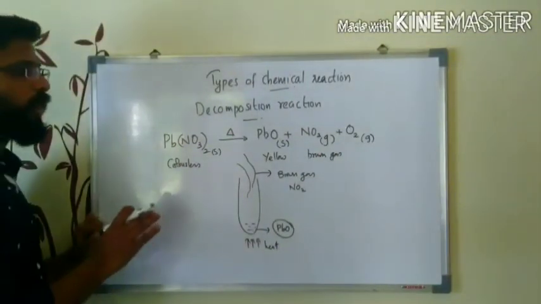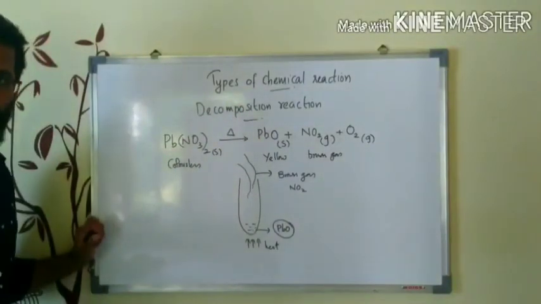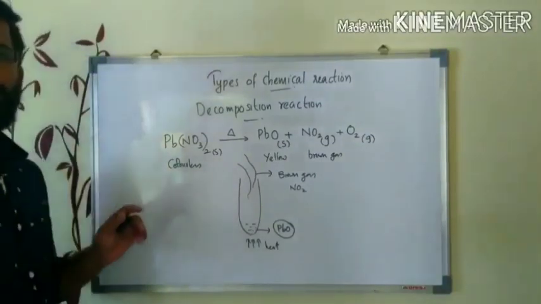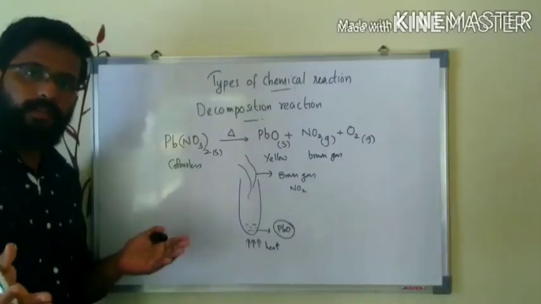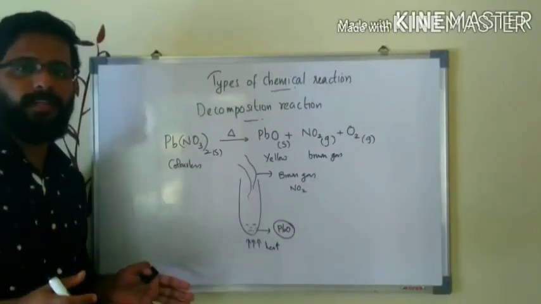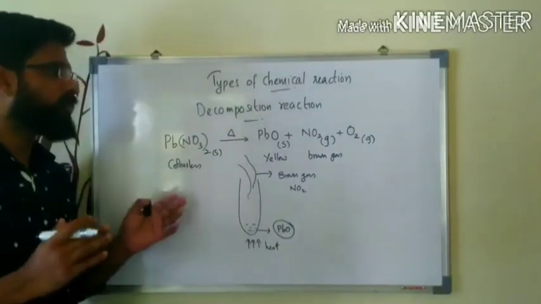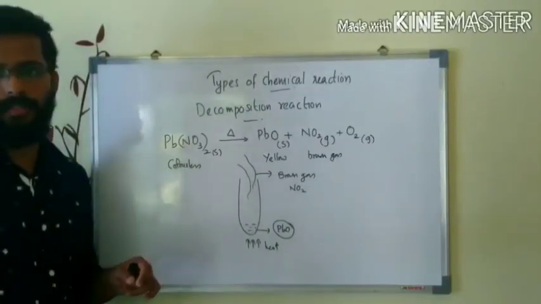This is also an example of a decomposition reaction. As I mentioned at first, decomposition takes place in the presence of energy: heat energy, light energy and electrical energy. So the first thing I have discussed is the presence of heat energy.